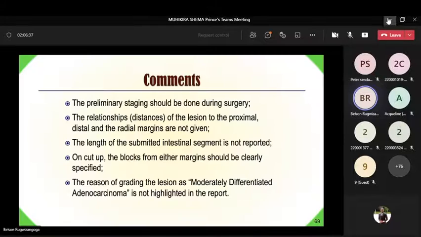So, any question for the colorectal cancer or any other disease of the intestines?